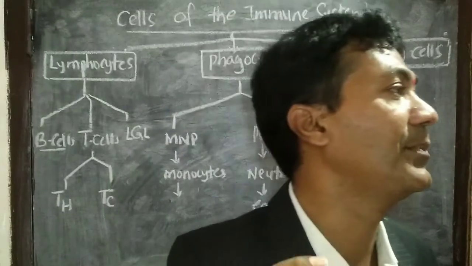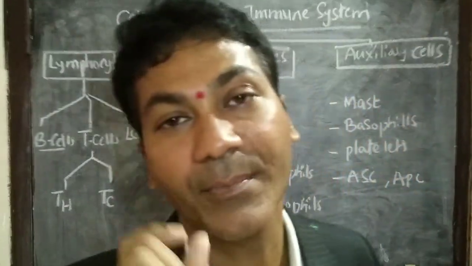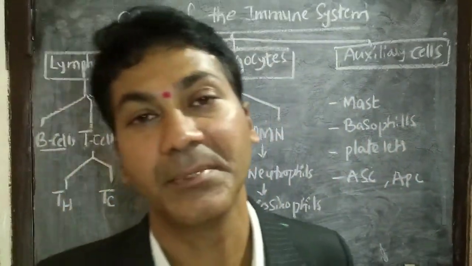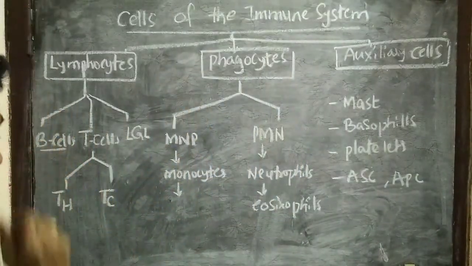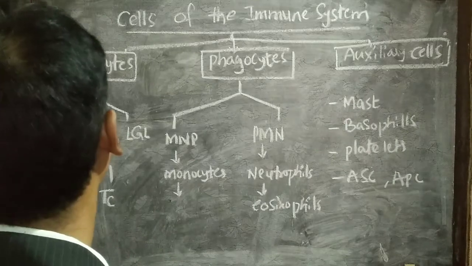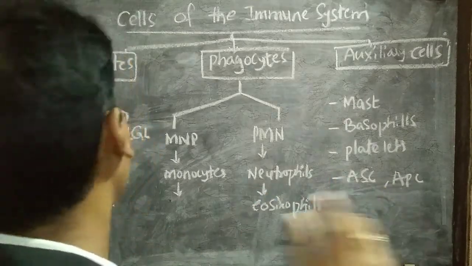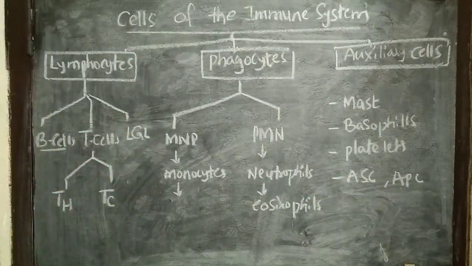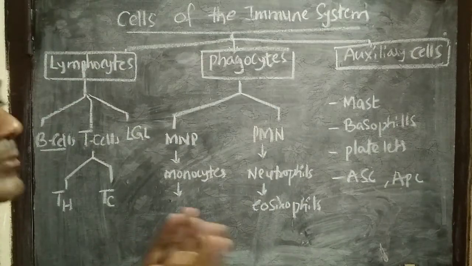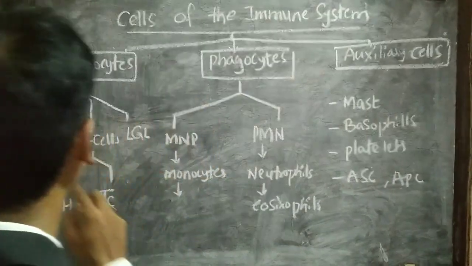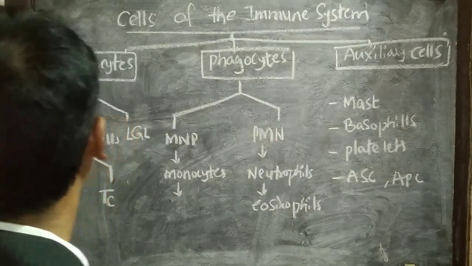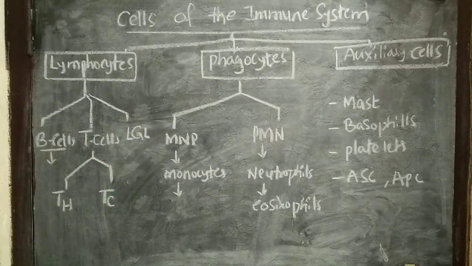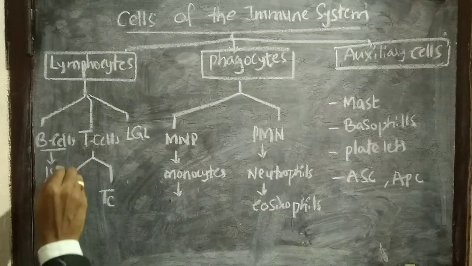The term B comes from the bursa of Fabricius present in birds, where B cells are produced in birds. In humans, B cells are produced at the bone marrow, and their main role is production of antibodies.